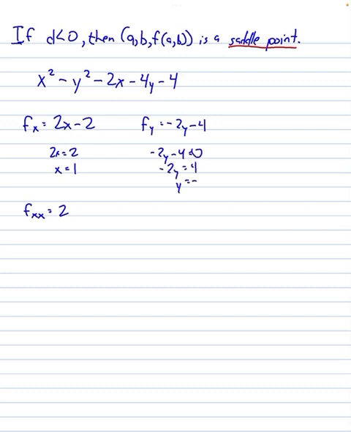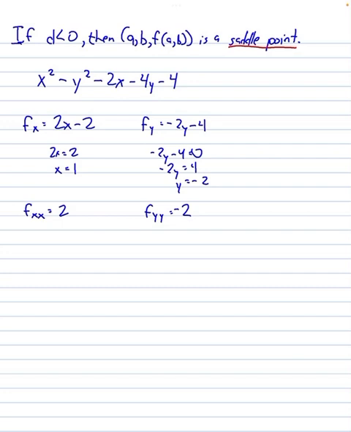So y is equal to negative 2. So this is what we have. And now we find the second partial derivative, and that is going to be negative 2, because this was the derivative of negative 2y minus 4.